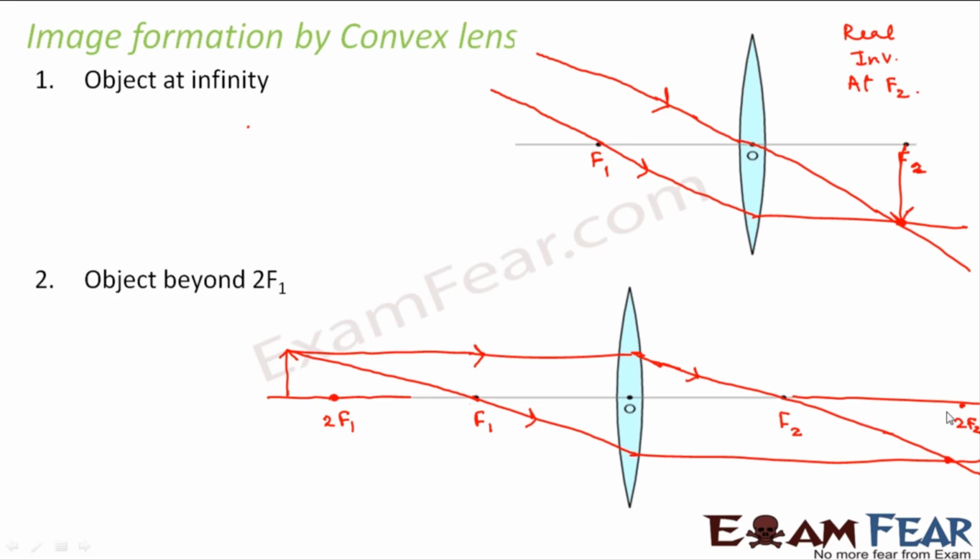If the object is beyond 2F1, you get an image formed between F2 and 2F2. So in this case, what kind of image is formed? Real, inverted, between the second principal focus and the second center of curvature, and obviously the image is inverted.